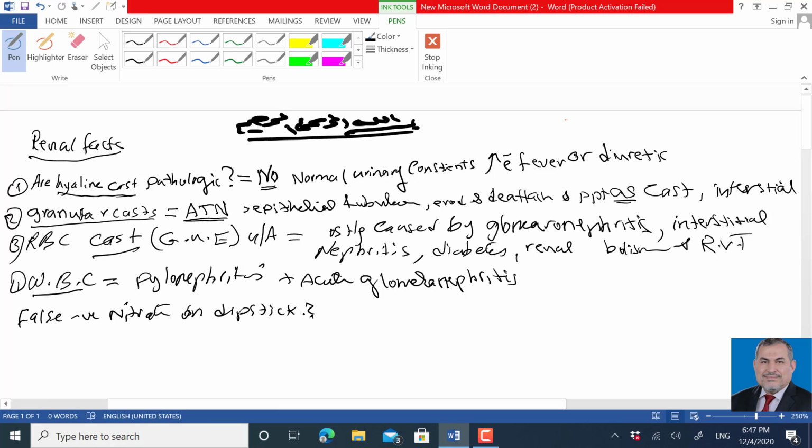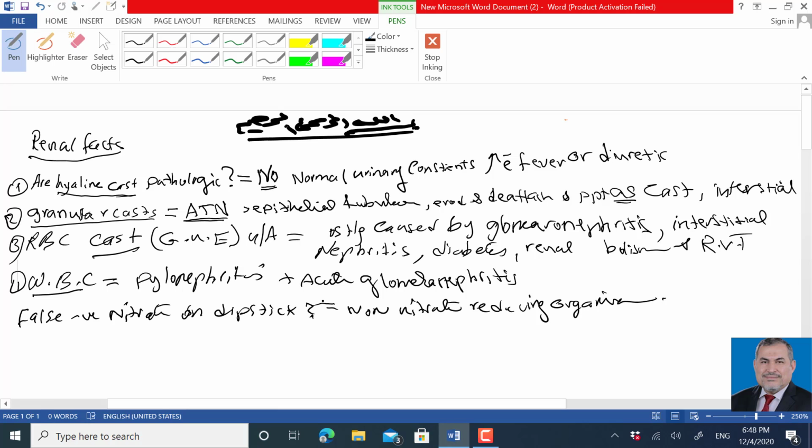Non-nitrate reducing organisms, large vitamin C sometimes, or urobilinogen sometimes. So non-nitrate reducing organisms are the cause of a false negative nitrite dipstick.